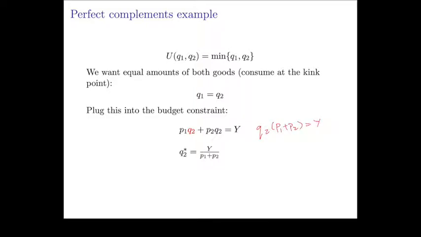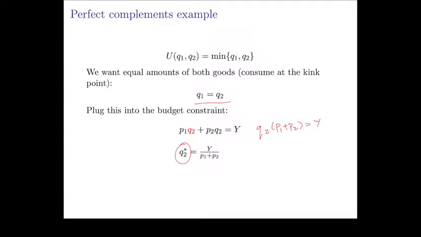So if you solve for Q2, you get the optimal quantity of good 2, which is Y divided by P1 plus P2. Now this makes a lot of sense. Think of this consumer as buying these two goods in equal proportions. So rather than just buying good 1 and good 2 separately, they're buying this composite good, which is comprised of 1 unit of each of the two goods. So what's the price of that composite good?